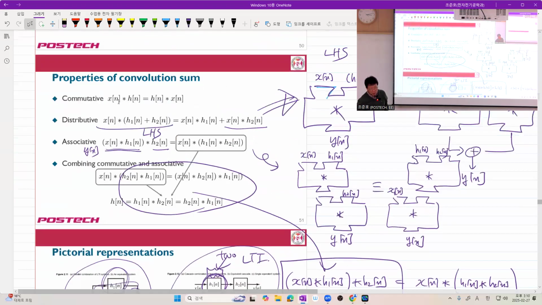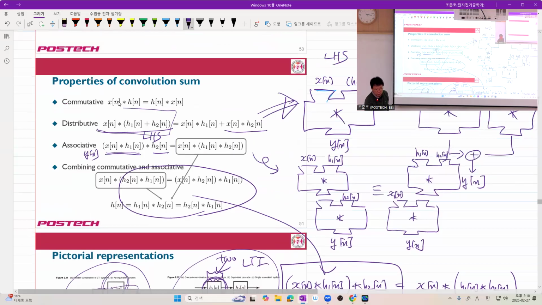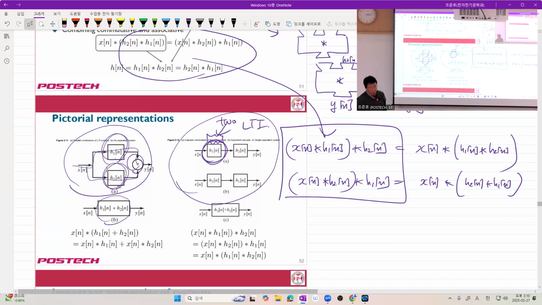You have two systems with the same input. So this is simply distributivity of DT-LTI systems. So sorry, distributivity of the convolution sum, which in digital signal processing can be interpreted that way.